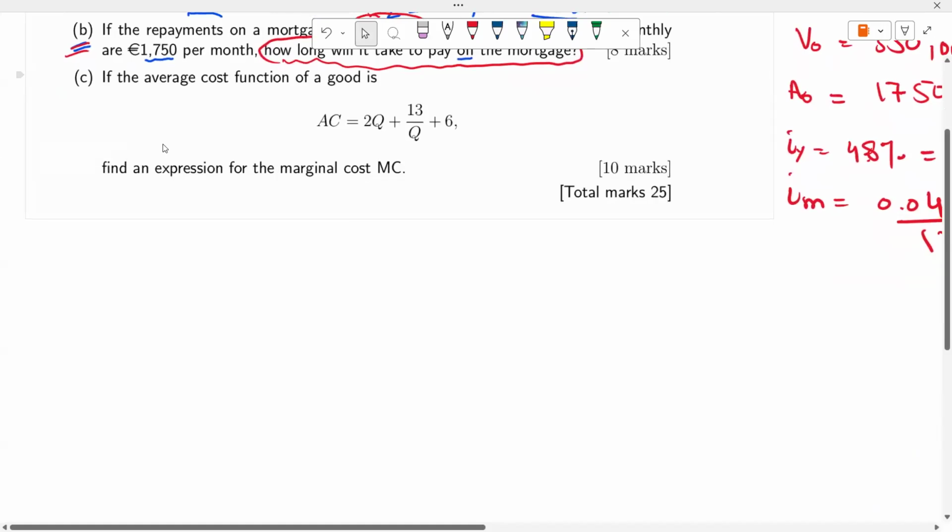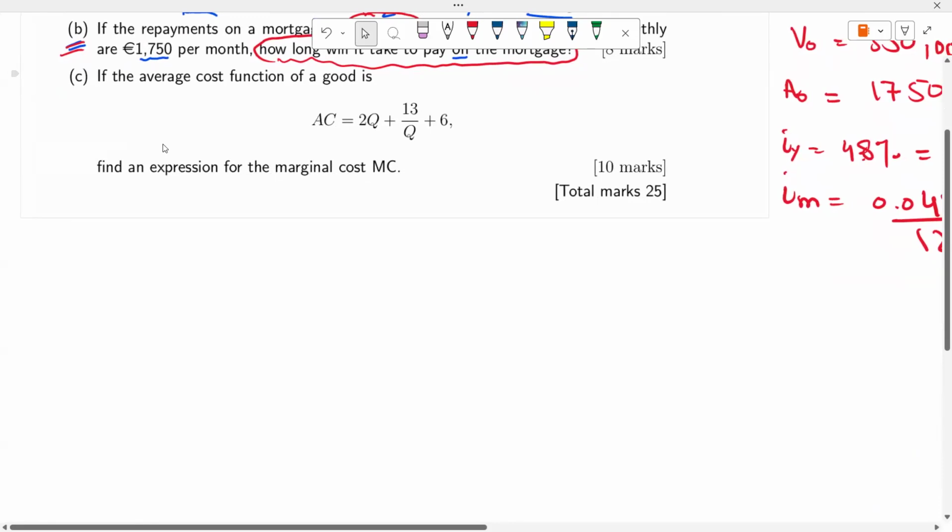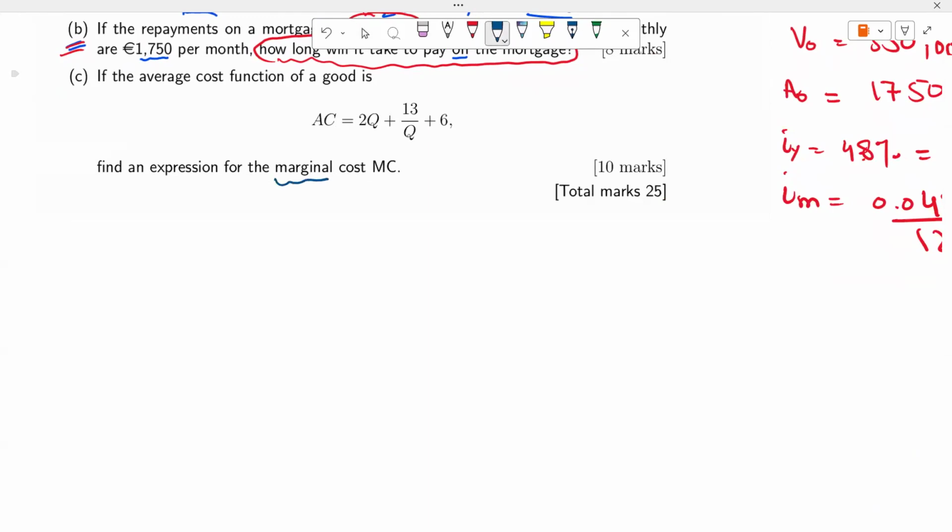Now I'd like to quickly touch upon the C part, which is a little different concept. If the average cost function of a good is given, find an expression for the marginal cost. What do we mean by marginal cost? Marginal cost means how much it costs us to produce one more unit, the cost of producing one more unit.